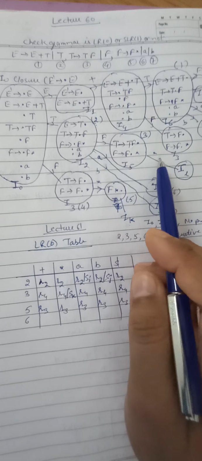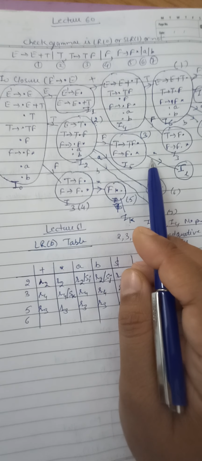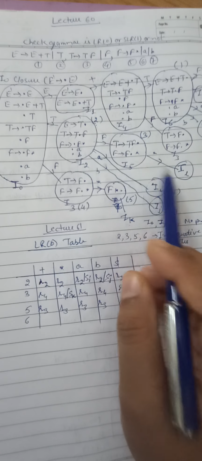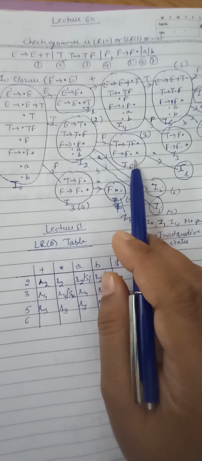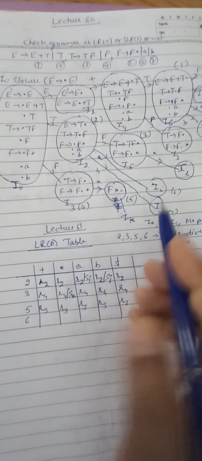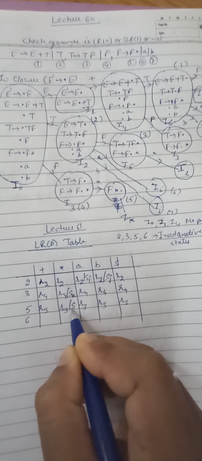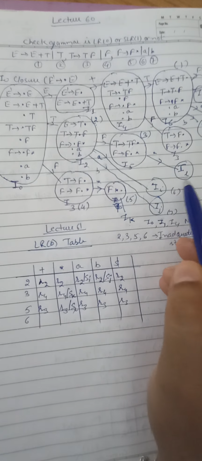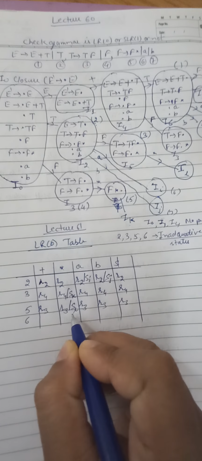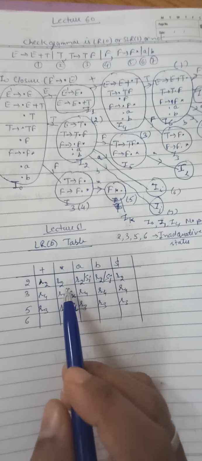And there is also a shift on star, which belongs to the terminals, so we write SL under star. We have used different names so that we can identify which state the shift is going to.